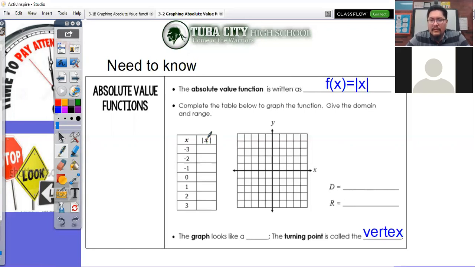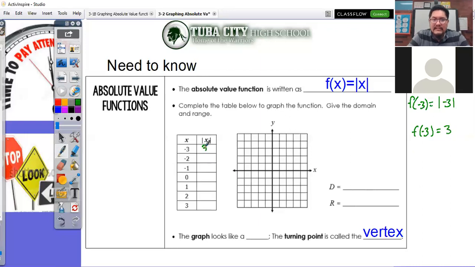So if I have f of -3, that means that I put -3 in here. Well, if it's a -3, it's going to turn it into a +3. So f of -3 equals +3.